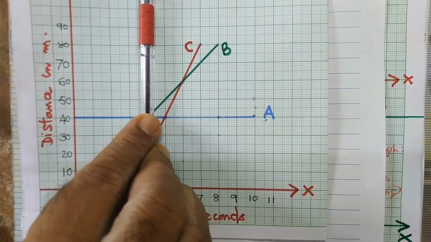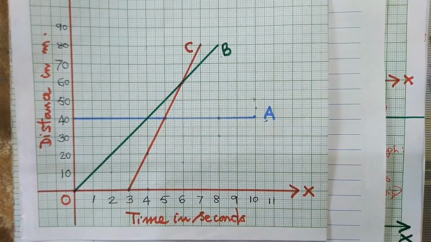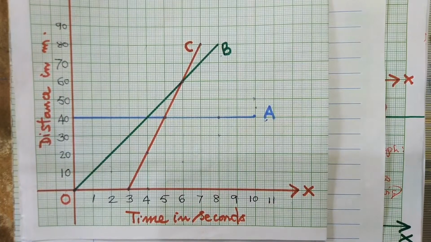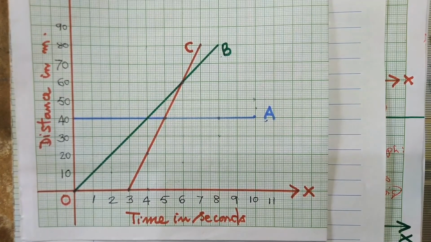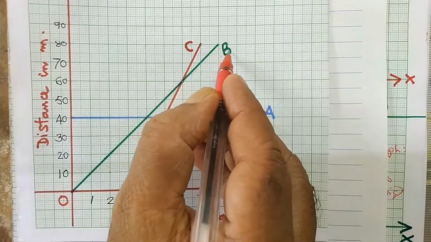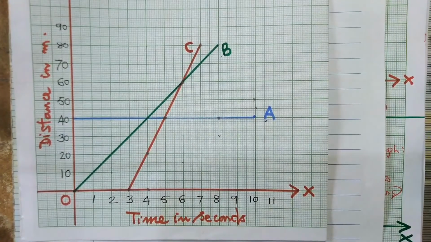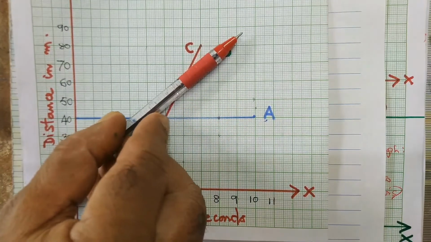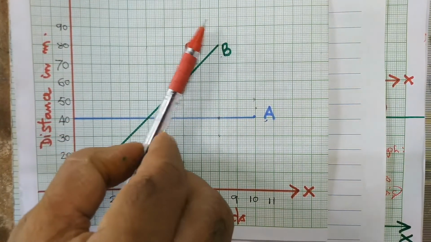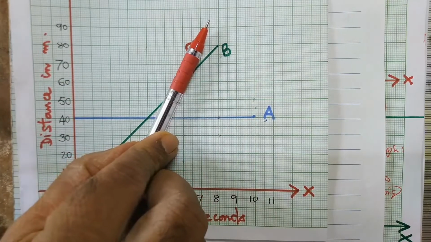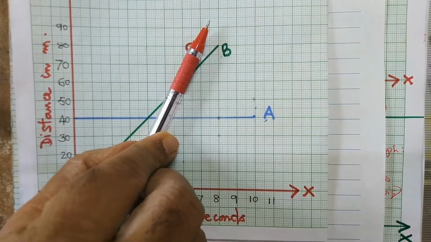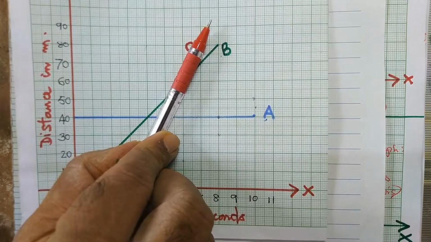Now, to answer this third question, name the body which has the highest speed, we have to see out of B and C which one is having more slope. Let us see. This is having the slope like this, whereas this is having the slope like this. You can easily assess which is having more speed.